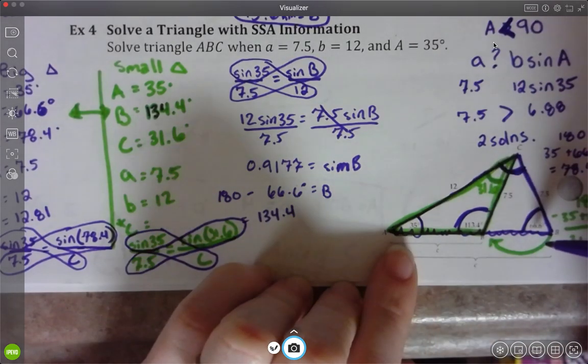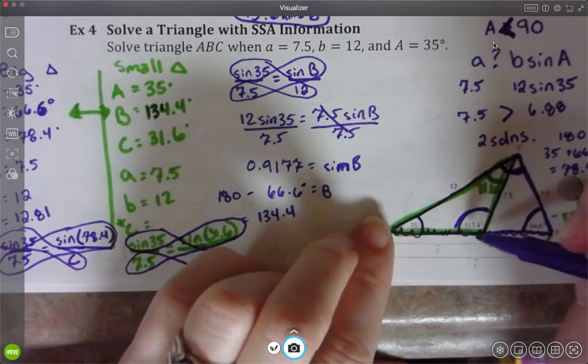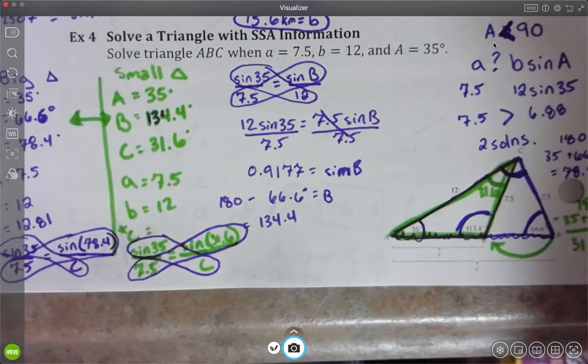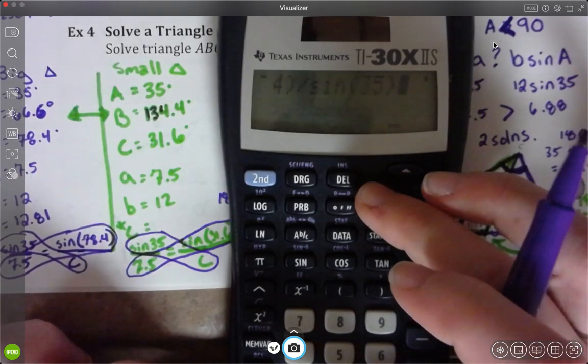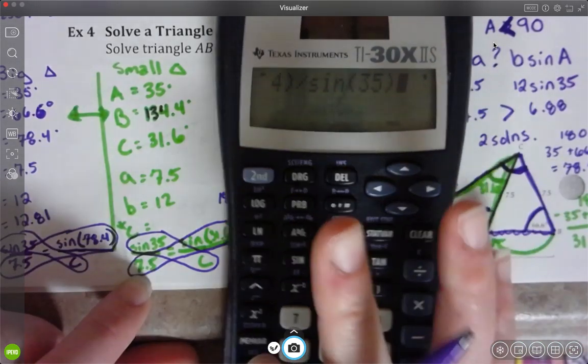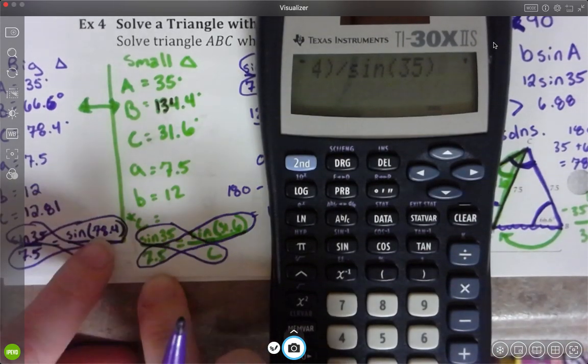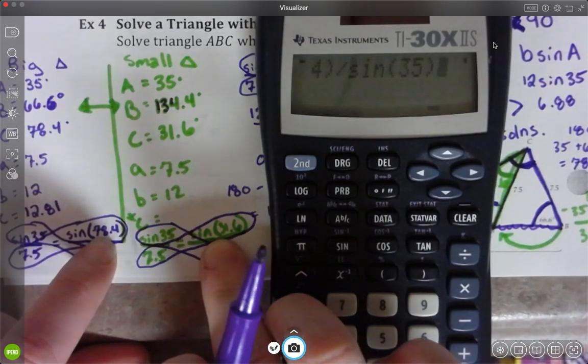So 12.8 is all the way across here, but I know that the green triangle should be somewhere less than that. Let's figure out what that is. Since I have this all typed in, I'm going to go back up to my original equation. The only thing that I've changed here is the 78.4 is now 31.6.